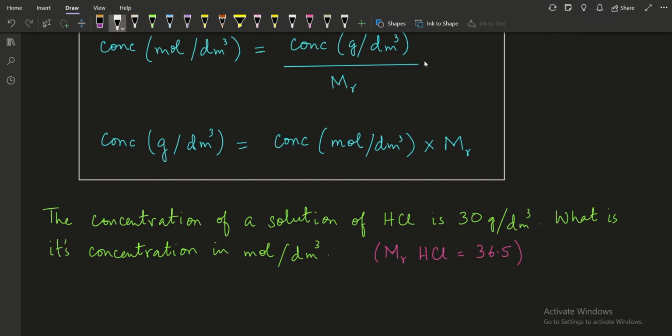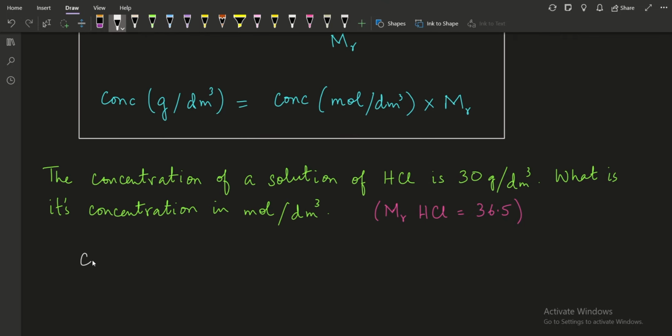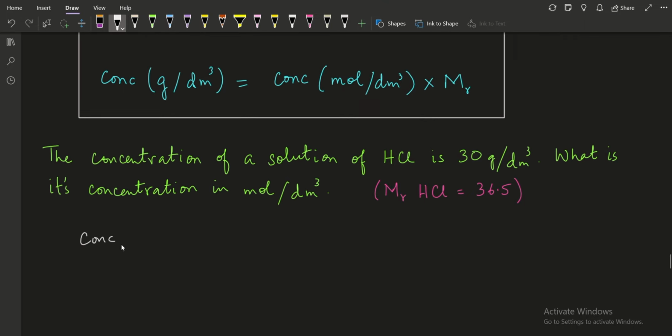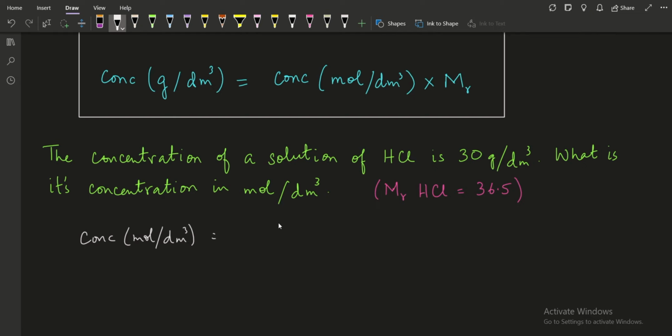That means we will be using the first formula: concentration in terms of moles is equal to concentration in terms of mass divided by MR. So mass concentration is 30 grams per cubic decimeter.